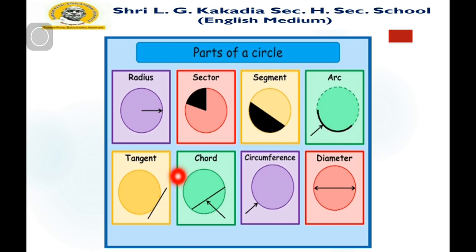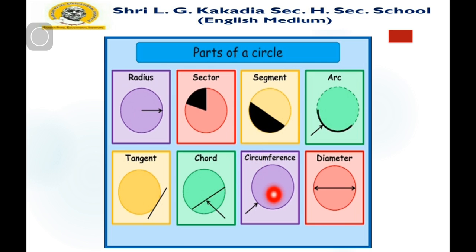Tangent: any line passing through the circle at only one point is known as a tangent. Chord: if we join any 2 distinct points on the circle, we get a line segment, and it is known as a chord of the given circle.